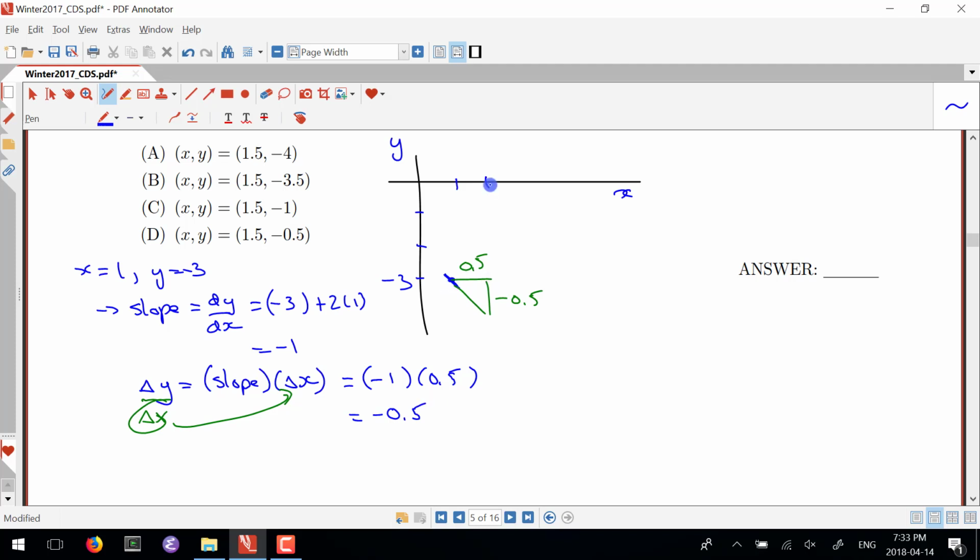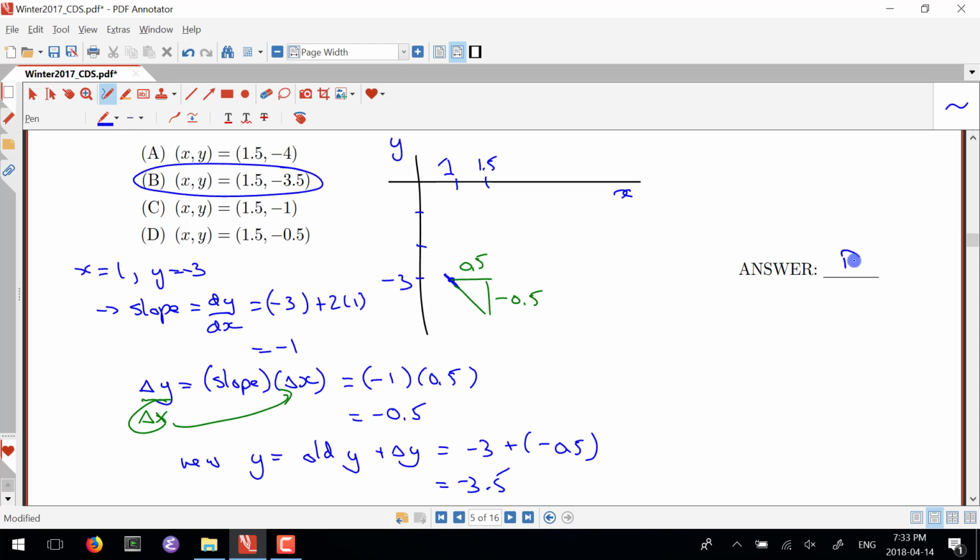So when we take that step, we started at x equals 1, we add 0.5 to that. We also started at -3 for y, we went down by that, so our new y is our old y plus the delta y, and that's -3 minus 0.5, -3.5, and that makes B our final answer for that problem.